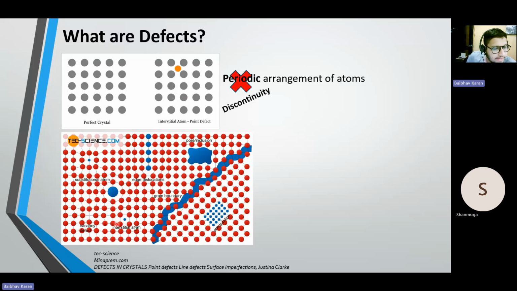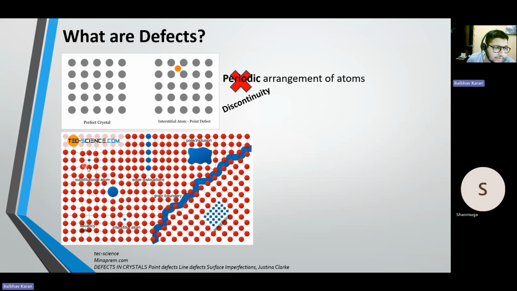Similarly, here are some examples of how defects can be introduced in a crystalline structure. One is the substitutional atom, which I explained here, where one atom is substituted by another atom.